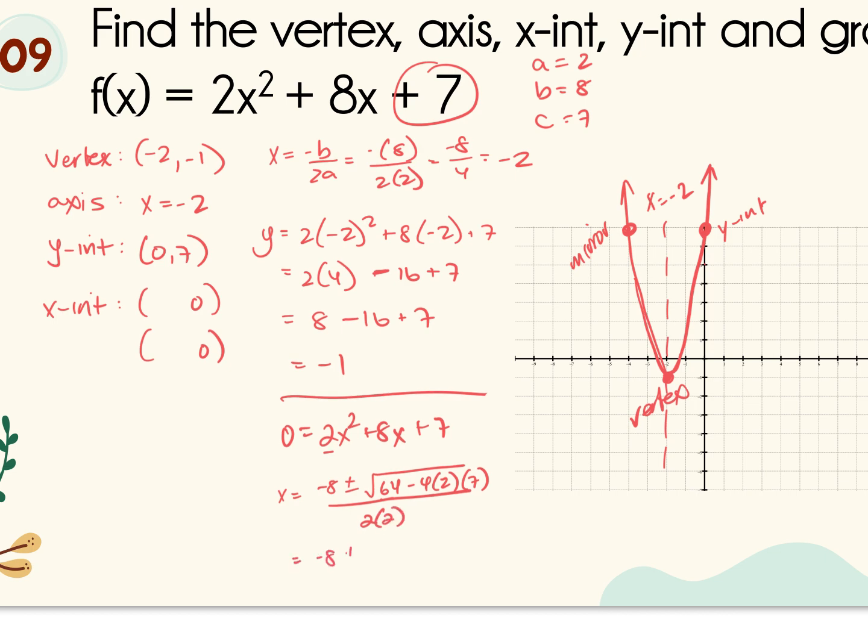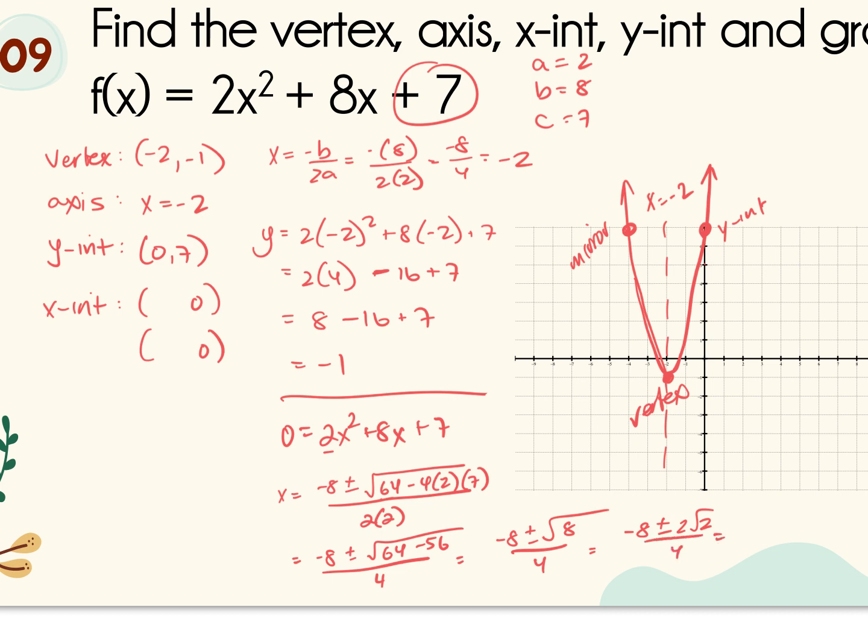So negative 8 plus or minus the square root of 64 minus 56, all over 4. That's going to be minus 8 plus or minus the square root of 8 over 4, which is minus 8 plus or minus 2 radical 2 over 4.